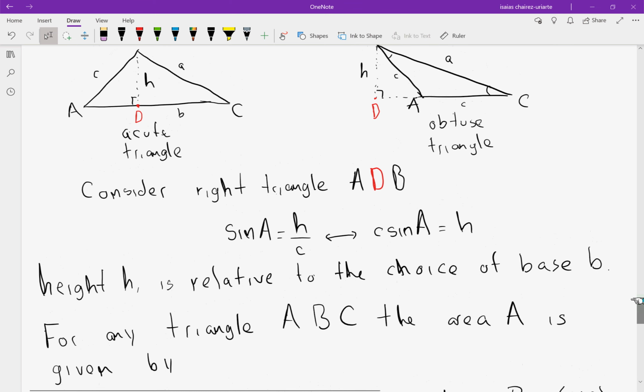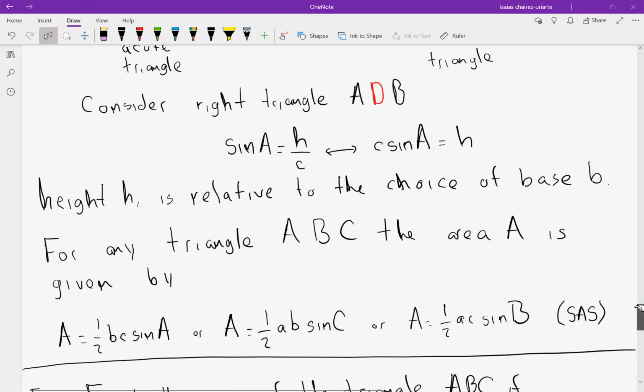And not only that, but we could have also drawn these triangles over here differently, and what we end up concluding is the following. We have some expressions for area of the triangle. So the area of the triangle can be expressed as 1/2 base times, and then the C sine A is just a height, or 1/2 base times height. That's what this is saying.